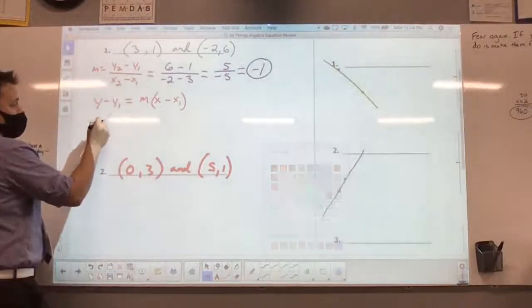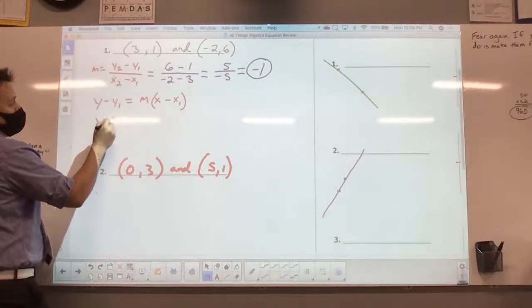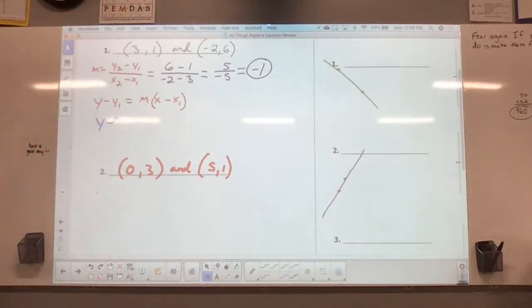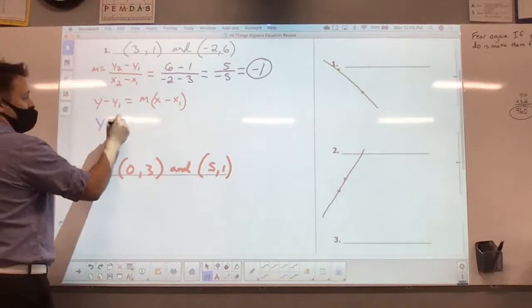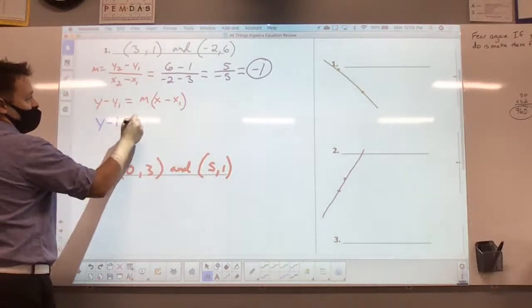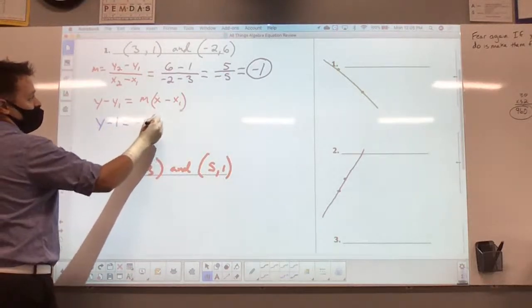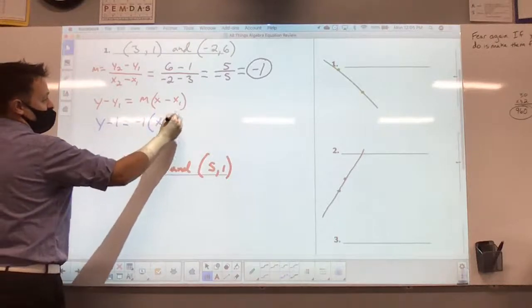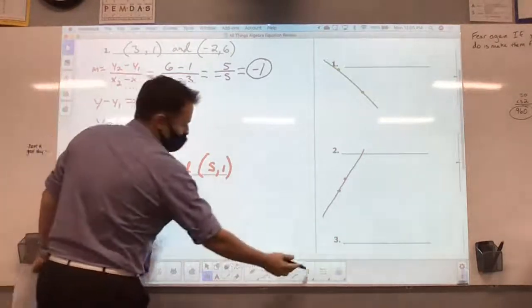Does it matter to anybody what point we use? No, so let's use the first one because it's got a 1 in it. That's always easier to do. And so it'd be y minus 1 equals a -1, and then it's x minus what? 3. Now you got to distribute.